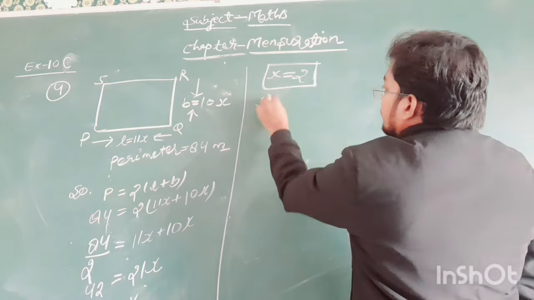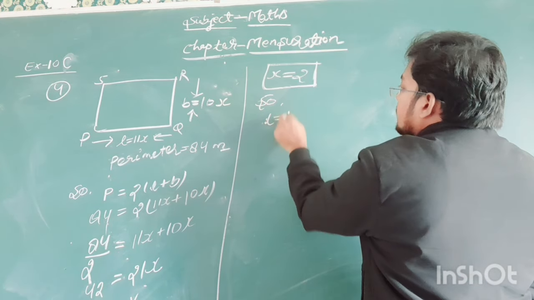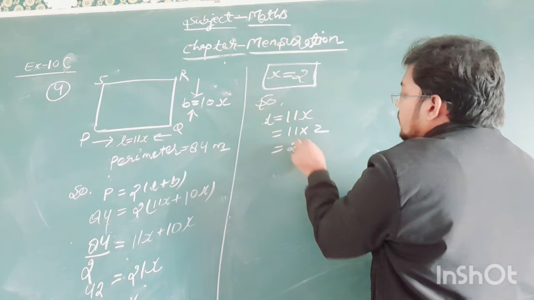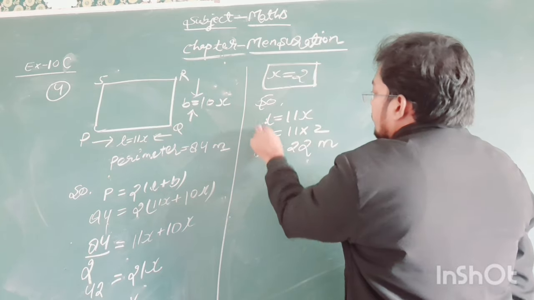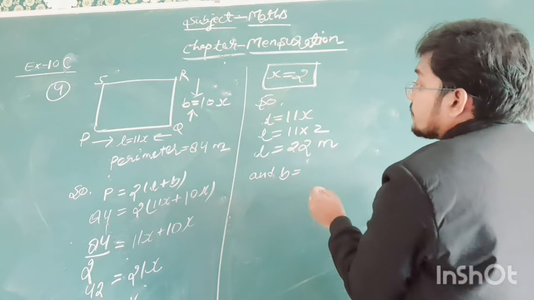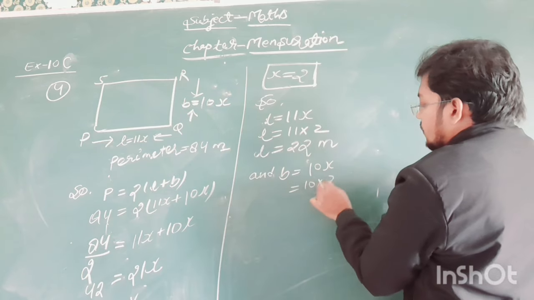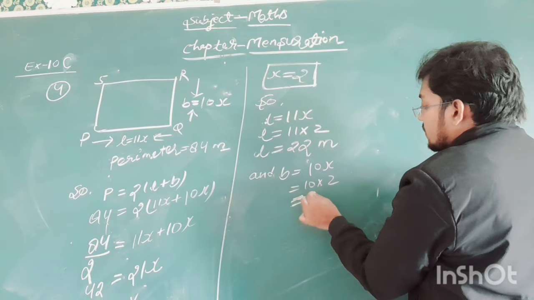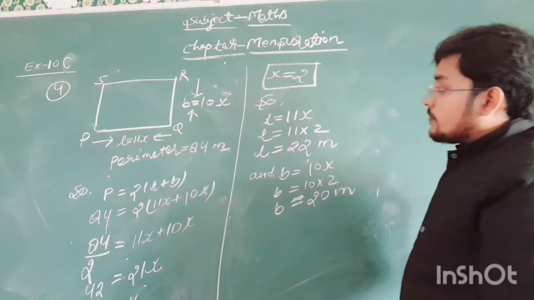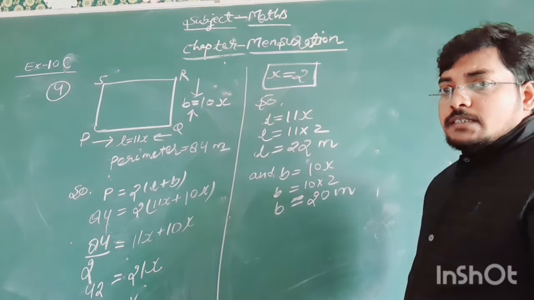So length of the rectangle is equal to 11x, which is 11 into 2, 22 meter, and breadth of the rectangle is equal to 10x, which is 10 into 2, means 20 meter. So we get the length of the rectangle as 22 meter and breadth as 20 meter.